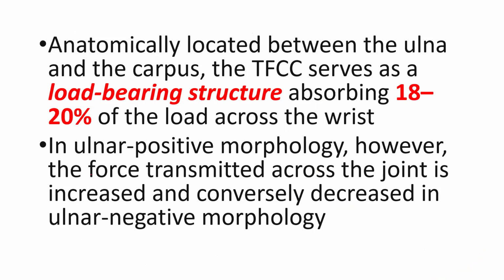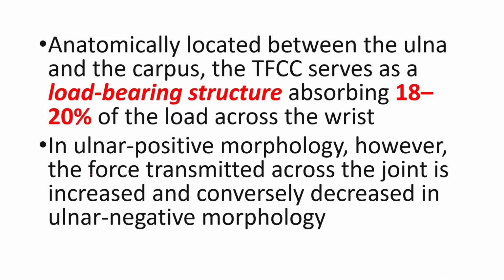Anatomically located between the ulna and the carpus, the triangular fibrocartilage complex serves as a load-bearing structure, just like the meniscus of the knee, and it absorbs 18 to 20% of the load across the wrist.